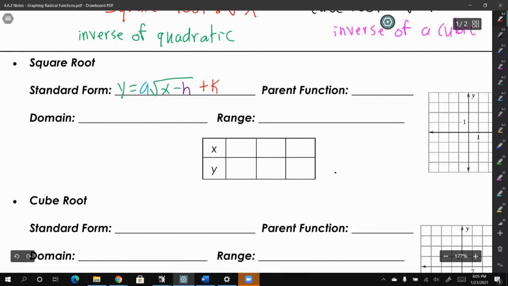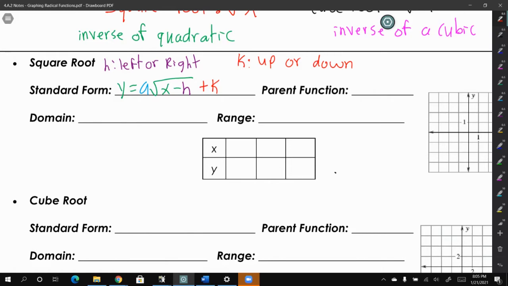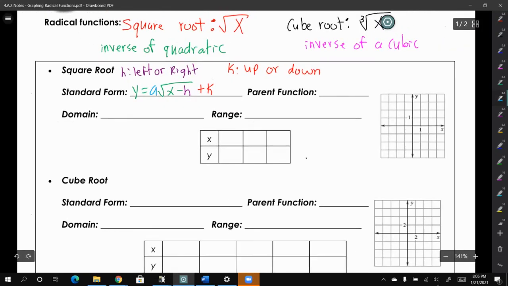Remember, h is your left and right. K is shifting up or down. And that a value will give you your shrink or stretch, and also the reflection if you have a negative number in front.